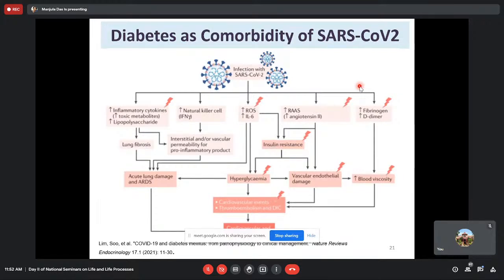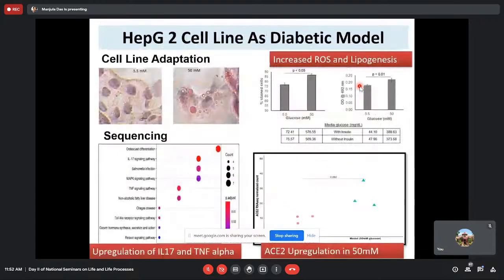Thus, it is important to have an in vitro platform to screen for therapeutic interventions, which can even decrease comorbidity conditions like hyperglycemia. So our team earlier developed a cell-based diabetic model in HepG2, the liver cancer cells. In general, HepG2 cells, as suggested by ATCC, should be grown in 25 millimolar glucose.